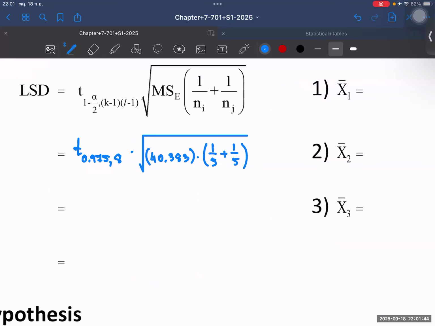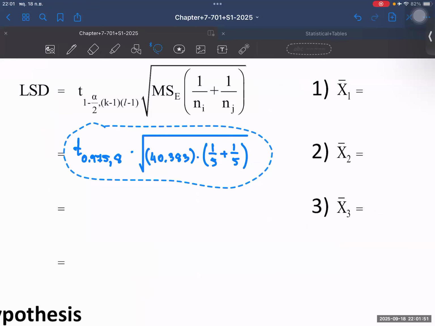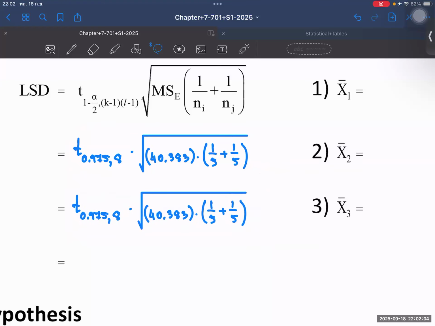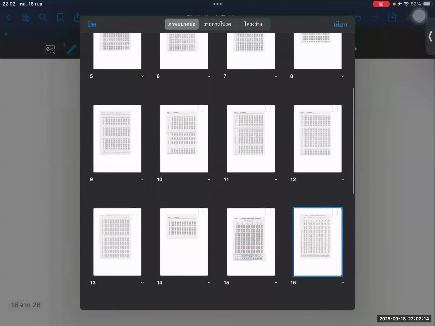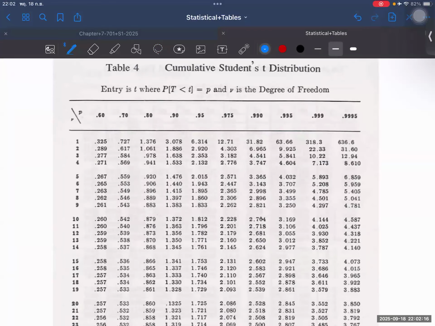And right now we will open the T table because we want to know the t statistic value. Okay. So t is 0.975. We open the t statistic table with the degree of freedom of 8.